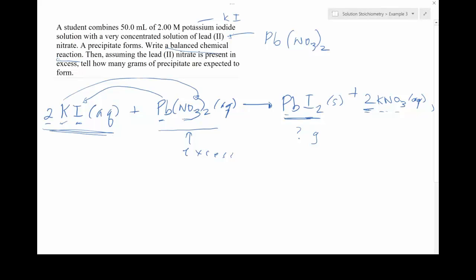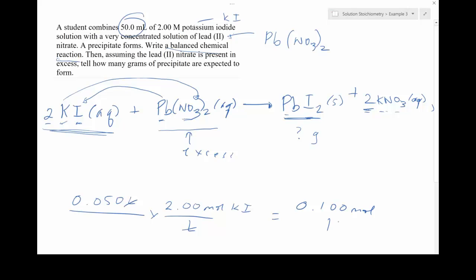So once again, we're going to take the 50 milliliters, convert that to liters, 0.050 liters, and we're going to have 2.00 moles of potassium iodide per liter. Okay. And then we're going to end up with 0.100 mole of potassium iodide.